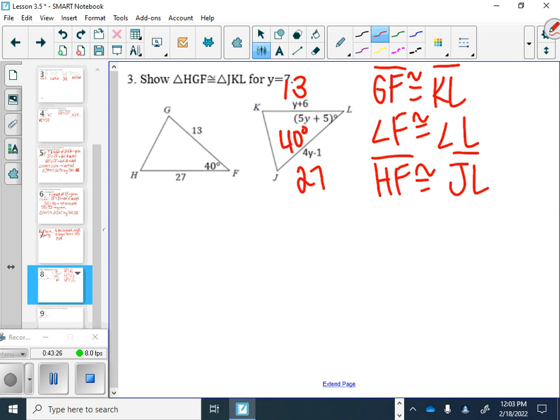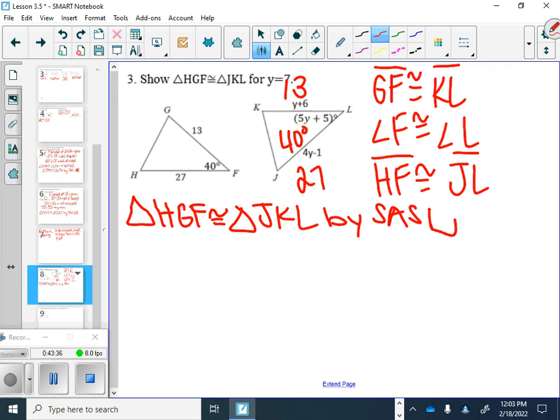So I can say that HGF is congruent to JKL by side, angle, side. Not too bad.